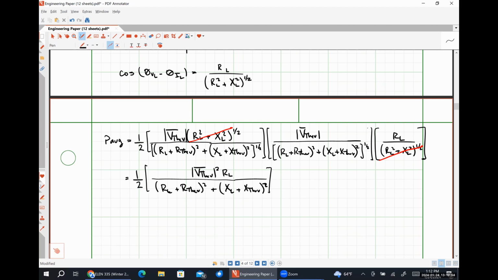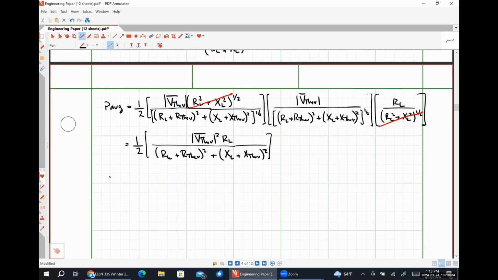So because the reactance only shows up in the denominator, if we have any reactance whatsoever, it is making the average power smaller. So in order for maximum average power transfer to occur, that means XL has to be equal to negative X thevenin, which will make the reactive portions cancel each other out, okay?